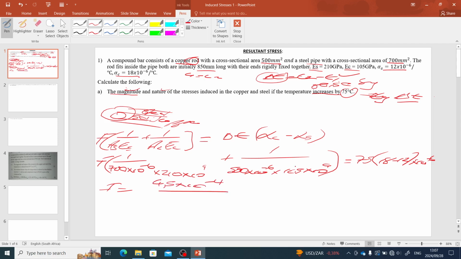Then in removing this bracket here, when I multiply, divide and add, I got my answer as 1.905 times 10 to the power negative 8. Then I got my answer as 23,619,095 Newton. Okay, this is the force that we'll be using to calculate our stresses.